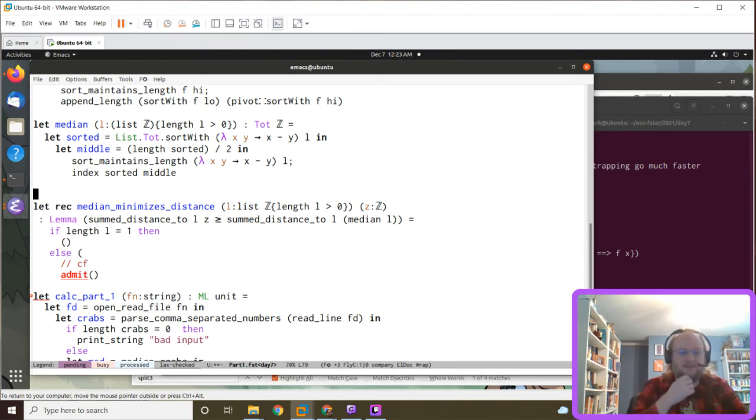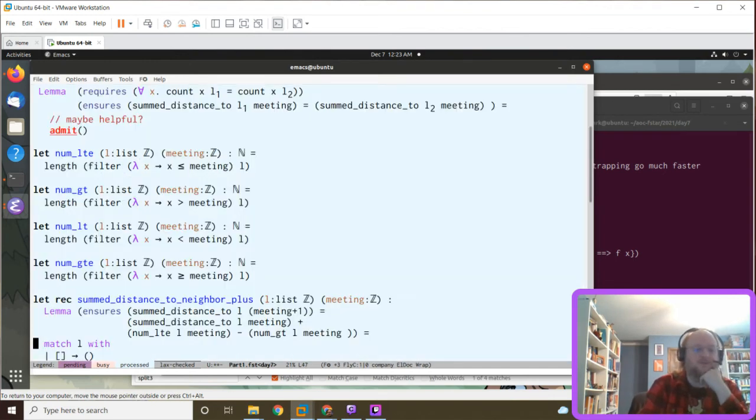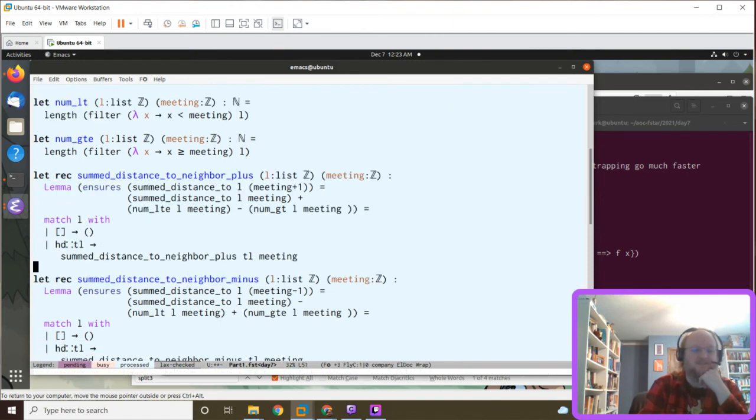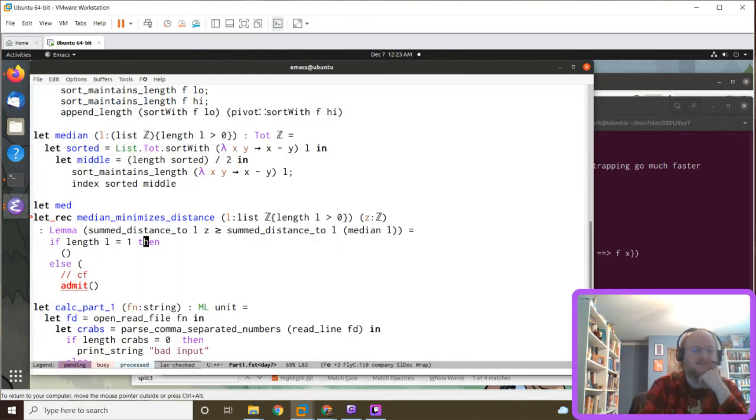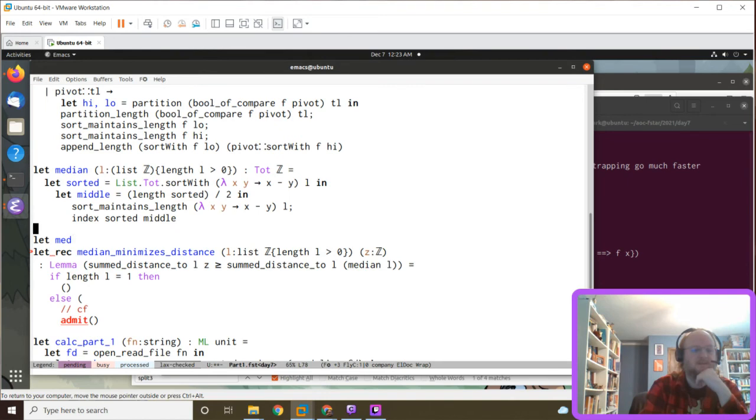I think we need to show, I'm worried we're going to have to end up proving the relationship between num LTE and num LT. Okay. All right, median.